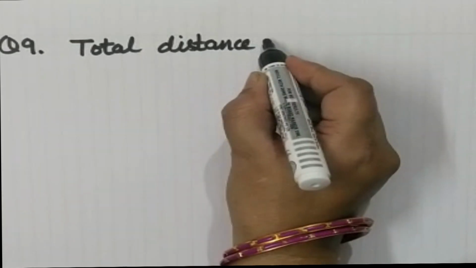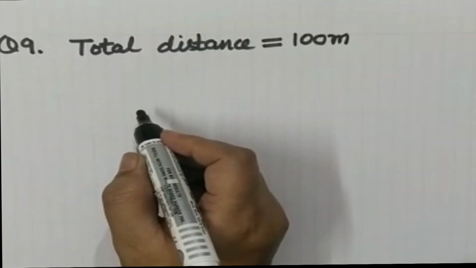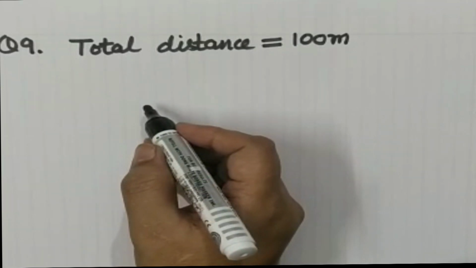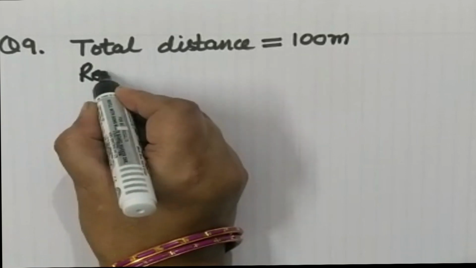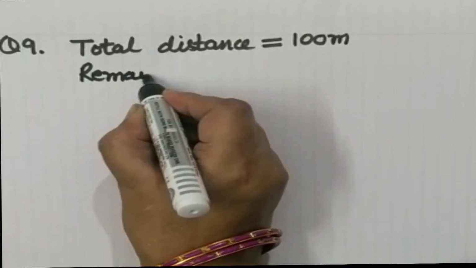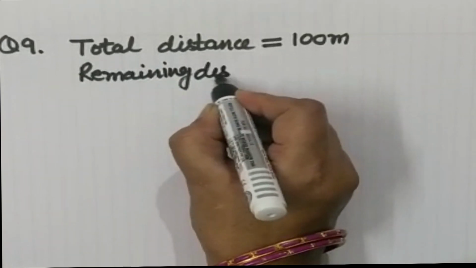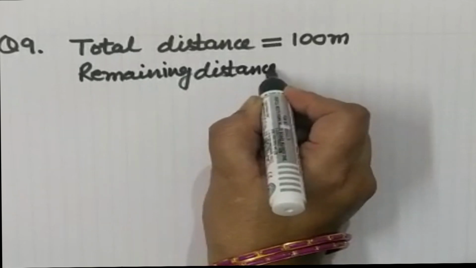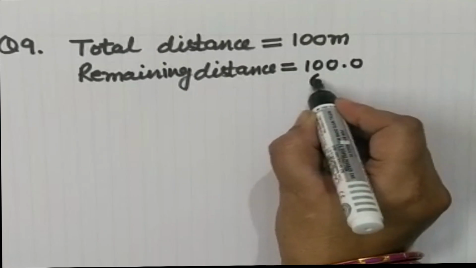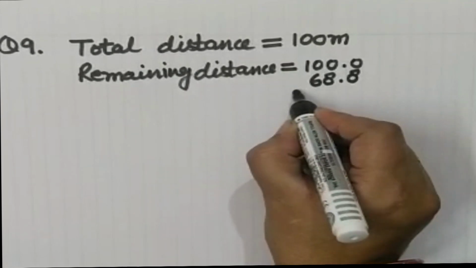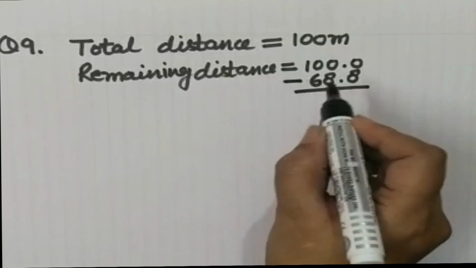Total distance is 100 meters, it was a 100 meter race, but he covered 68.8 meter. So the remaining distance is 100 minus 68.8.